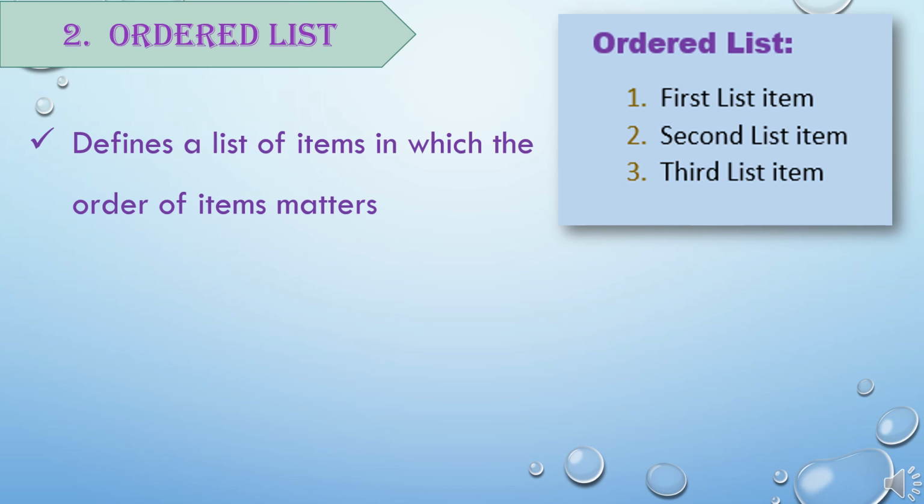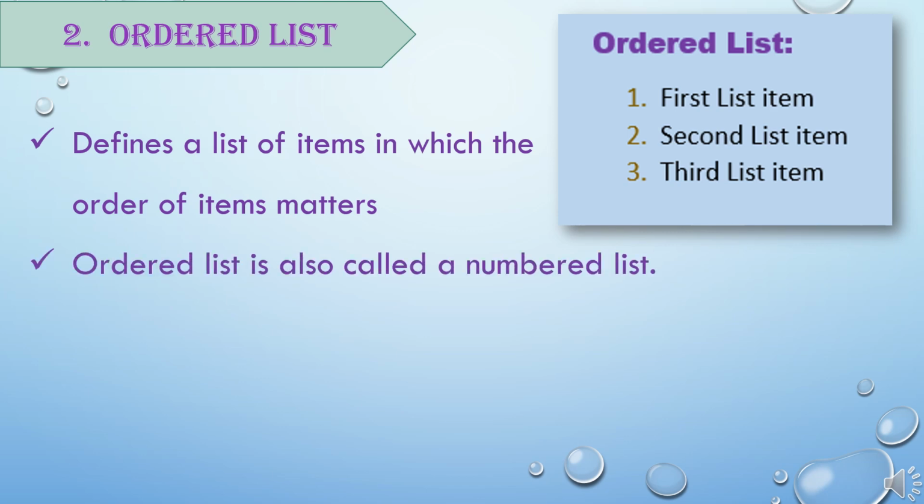The ordered list defines a list of items, in which the order of items matters. These are sometimes called numbered lists, because, by default, the list items contained in that list have a specific numerical order or ranking. Ordered lists are appropriate where the exact ordering of items is important to the meaning of the content.